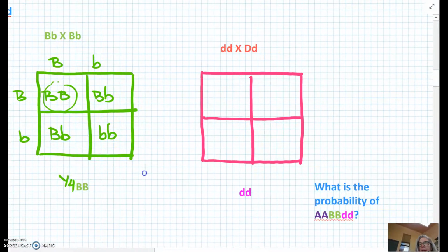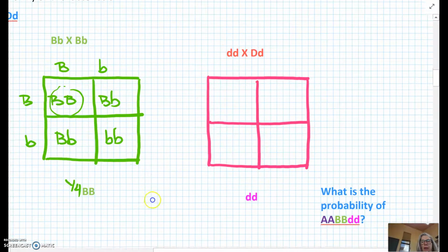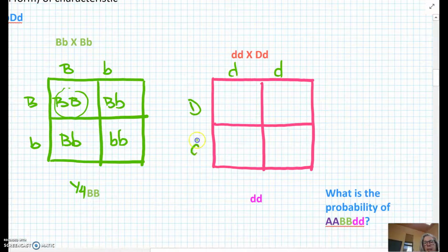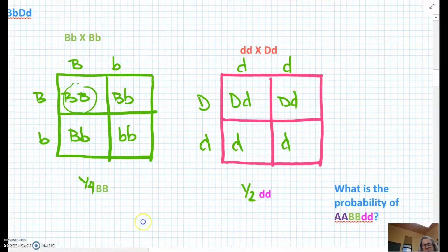What about my D characteristic? I've reproduced the probability here. So the parents were homozygous recessive for D and heterozygous. So I would put my one parent here, my next parent here, and I'm filling in. And my probability of lowercase d, or homozygous recessive, is 1/2.